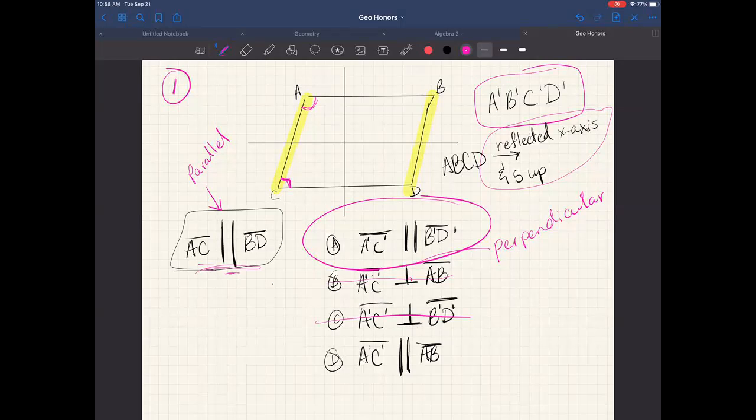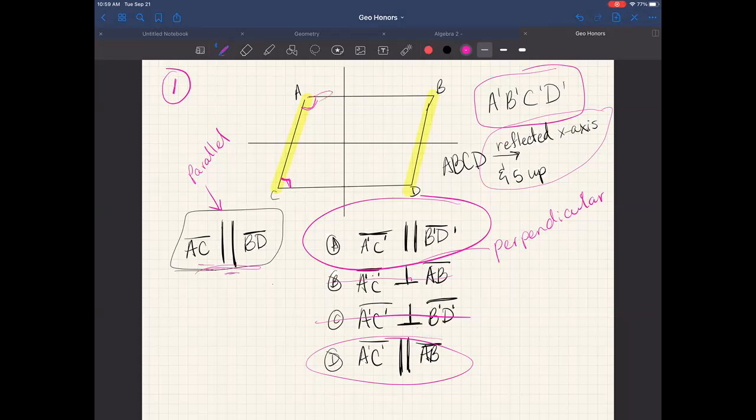First off, they don't even mention perpendicular, so I kind of want to ignore those two options altogether, which leaves me my last two options, A and D. So segment A prime, C prime, which is after my transformation, being parallel to AB.